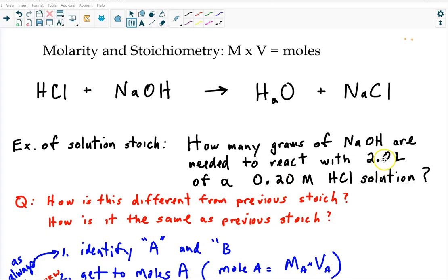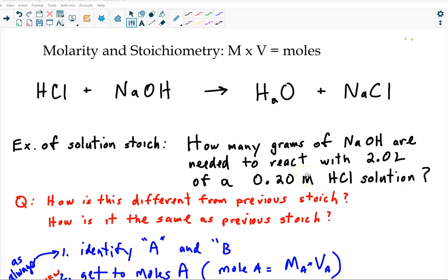Are you normally given 2 numbers for the reactant, or for the A? No, normally not. So here you have not just 10 grams of HCl or 5 liters of HCl or this many particles of HCl. You have 2 different numbers that you have to deal with, a volume and a molarity.